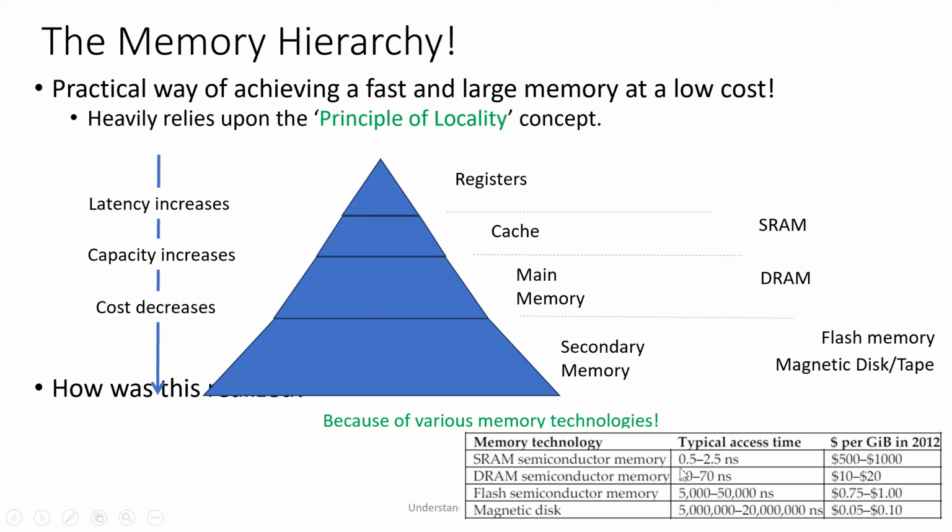When we go to DRAM, it has 10 or maybe 20 times more latency, and its cost is almost 20 times less. Then we have SSDs, which take thousands of nanoseconds, and they are quite cheap. Then we have our typical hard disk, which is very, very slow and very, very cheap.